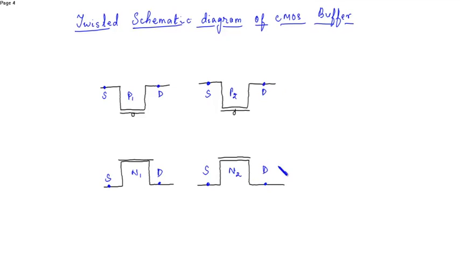Now we know these are the gate terminals. The gates of PMOS and NMOS are shorted for both the inverters.